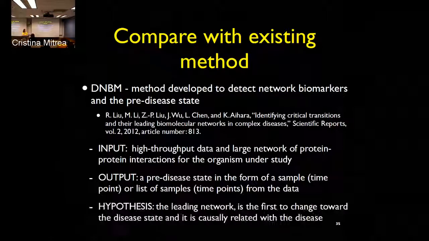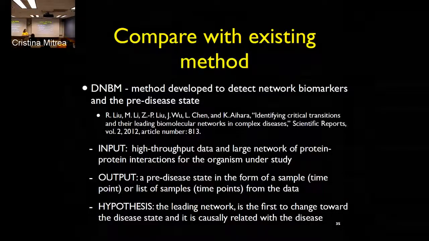As the input, it takes high throughput data and a large network of protein-protein interaction. That's another downside of this method, because processing such a high amount of data is very time consuming and resource consuming. So if we can do just as good or better with a smaller network, that would be beneficial.